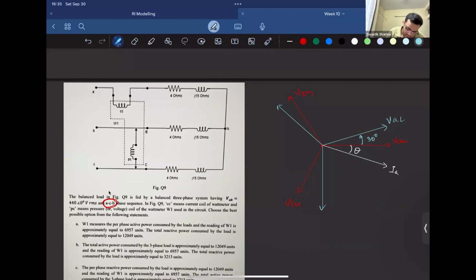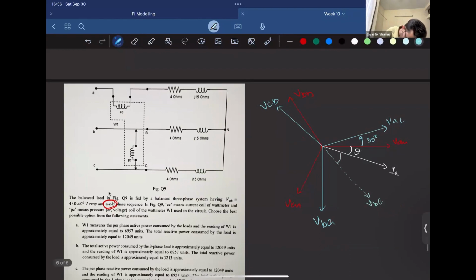This is VAC, then VCB, and then VBA. So that's how these individual quantities would look. So that means VBC is what? We can extend this. This is VBC.